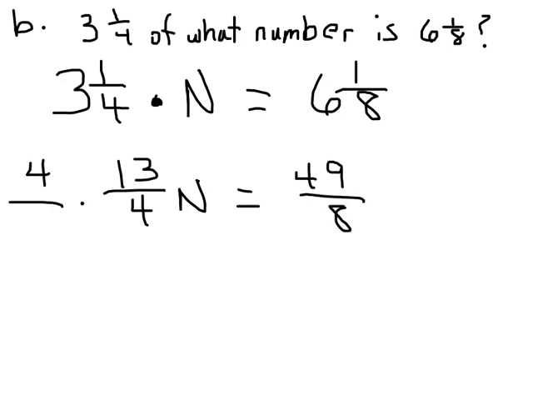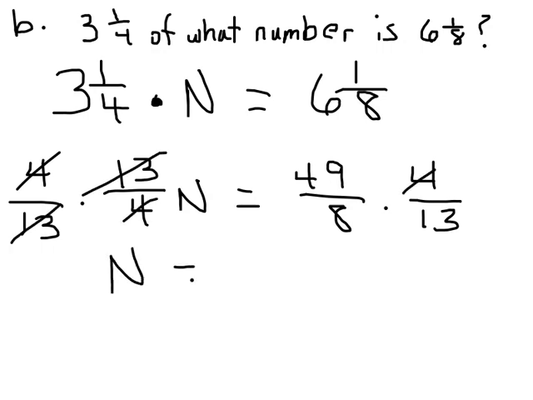Invert. Cross cancel where you can. 1 times 49 is 49, and 2 times 13 is 26.